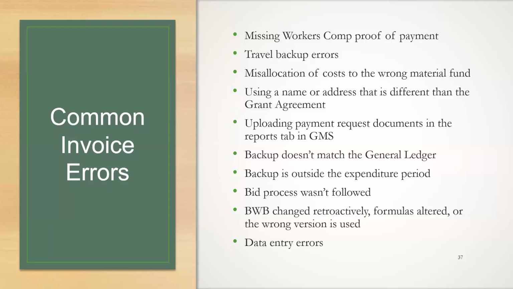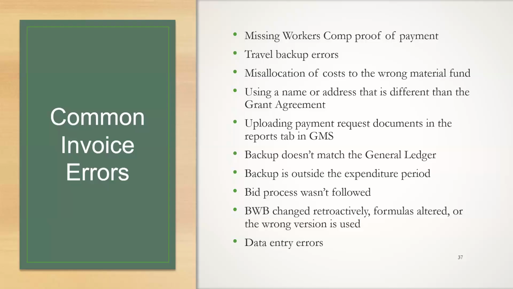Budget workbook changed retroactively, formulas altered, or the wrong version is used. We do our best to correct formula errors when we find them, one at a time. As the budget workbooks come in with an invoice, we'll make changes to those and send them back out to you so that you have the most current version.